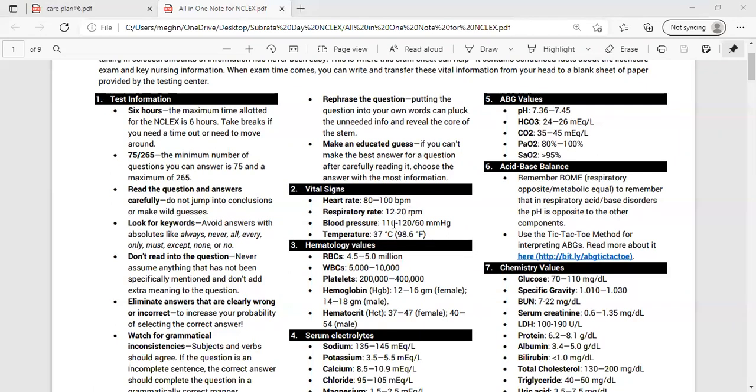Blood pressure systolic is 110 to 120 millimeters of mercury, diastolic 60 millimeters of mercury. It is average. And temperature is normally 37 degrees Celsius.